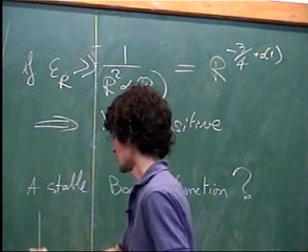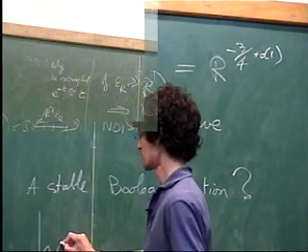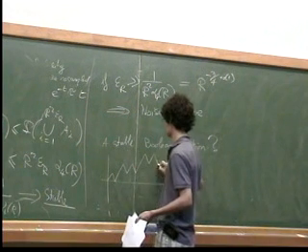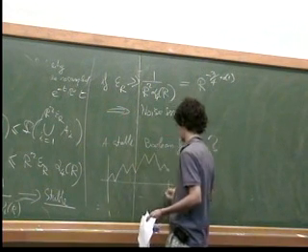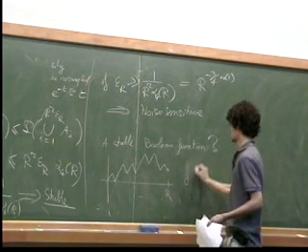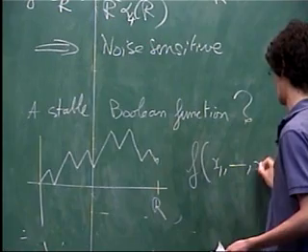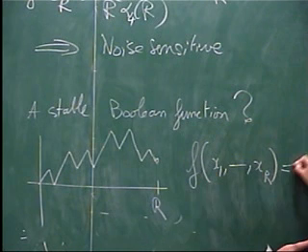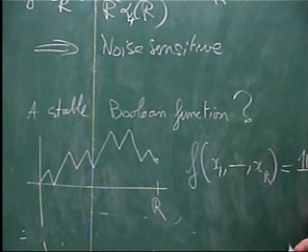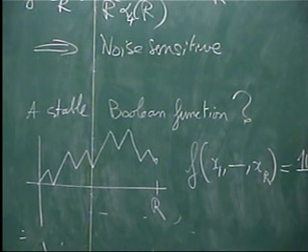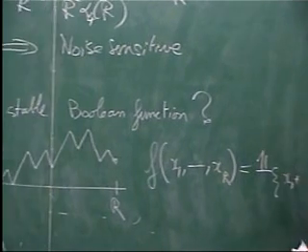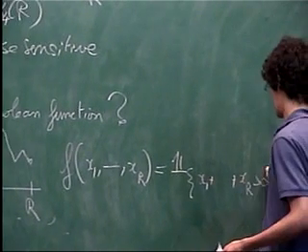So this depends on r bits. And take the Boolean function on r bits, which tells you is it positive or not.